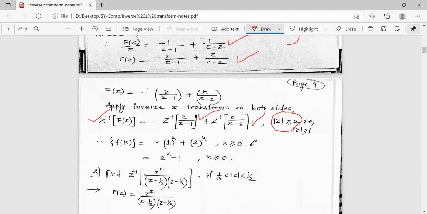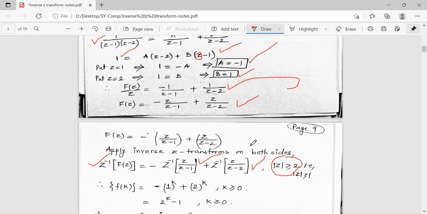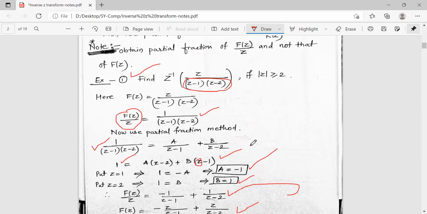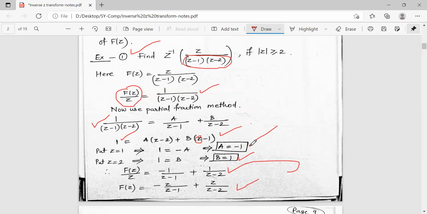Yes, any difficulty regarding this problem? No, ma'am. Ma'am, we are writing down. Yes, ma'am.